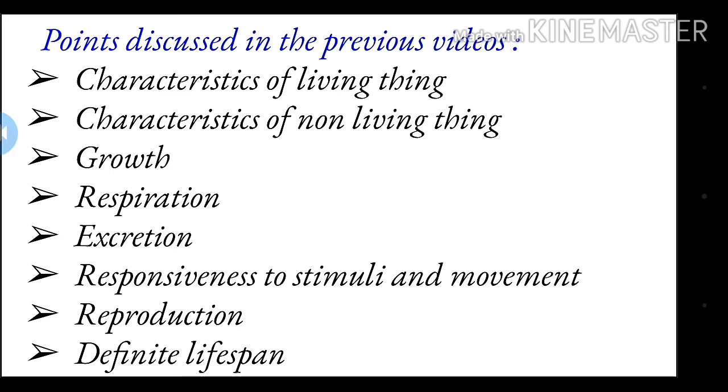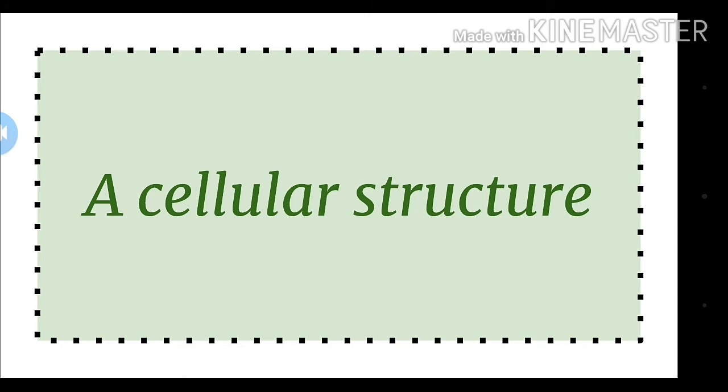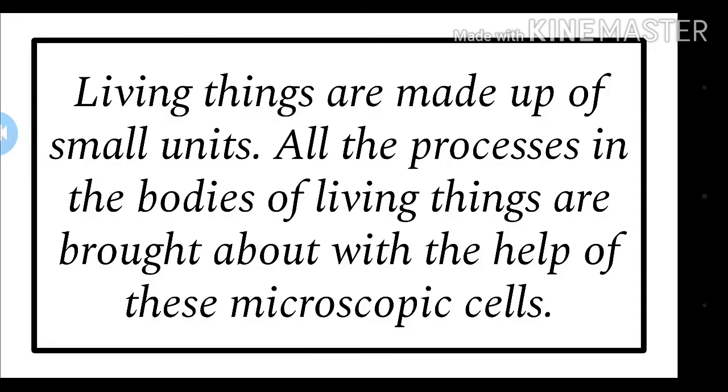And now in this video we are going to learn about the last characteristic of living things, that is cellular structure. Living things are made up of small units. That is, all the living things are made of small units.